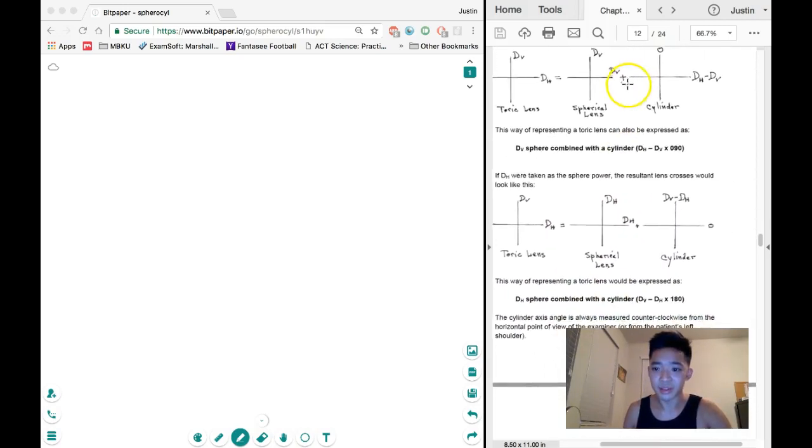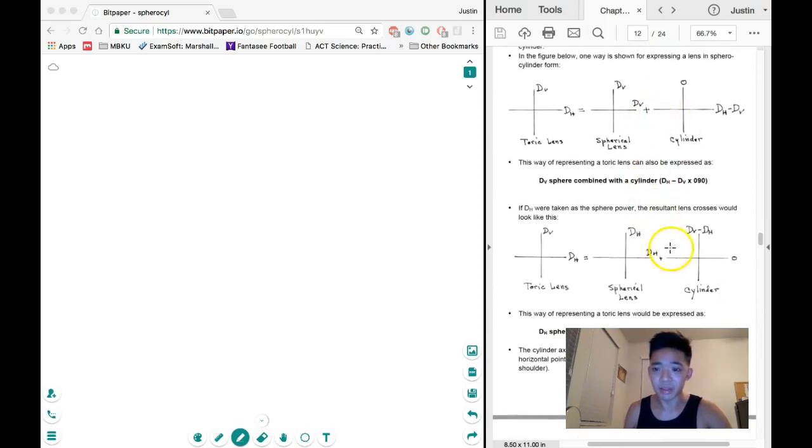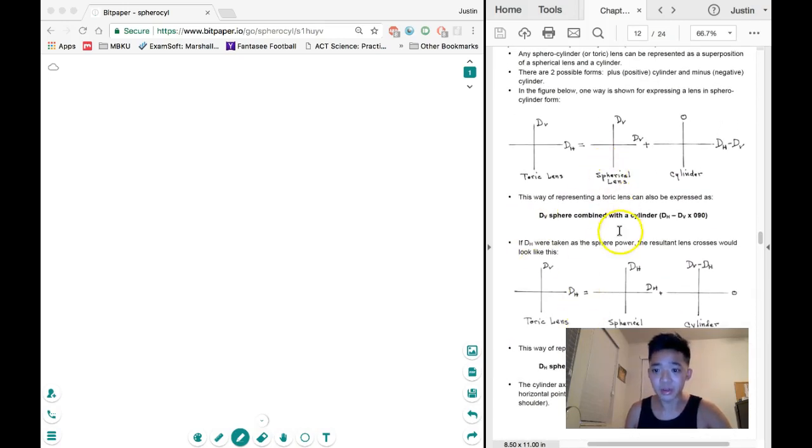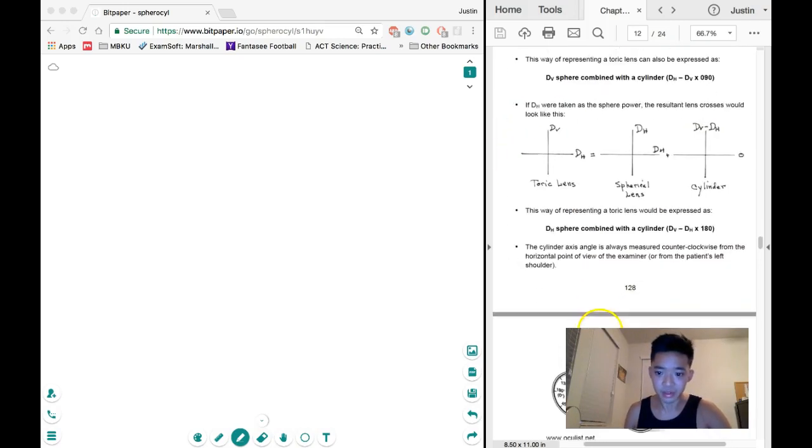Hopefully that makes sense. These are practically the same thing, it's just the cylinder has a different axis meridian. But the take-home message is that these powers are additive. They can add the horizontal and horizontal to make a toric lens.